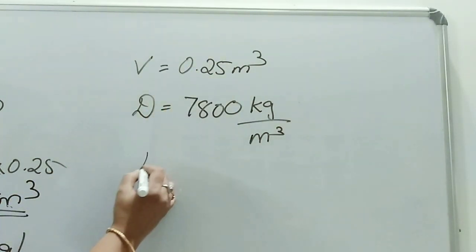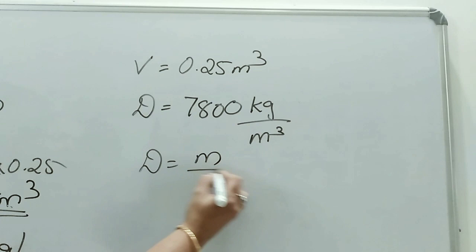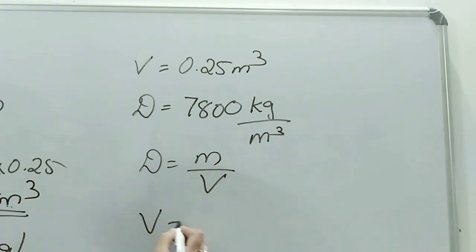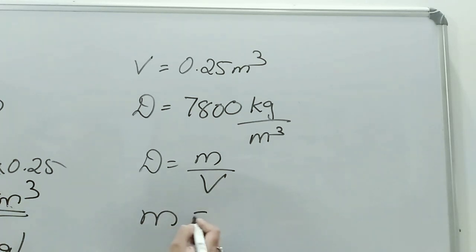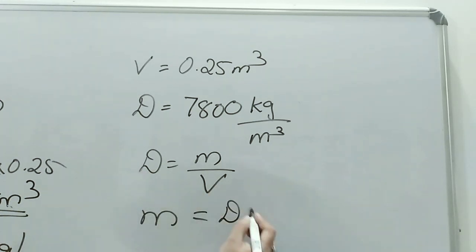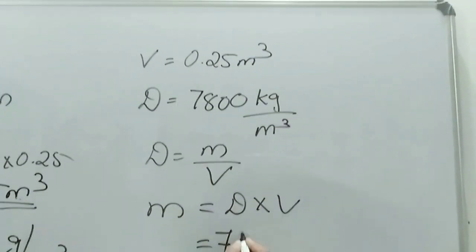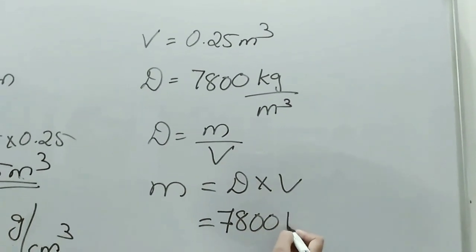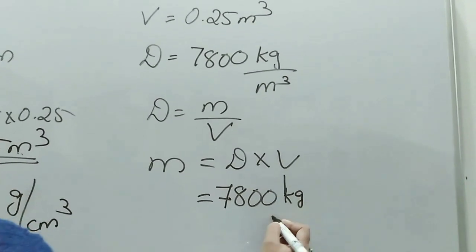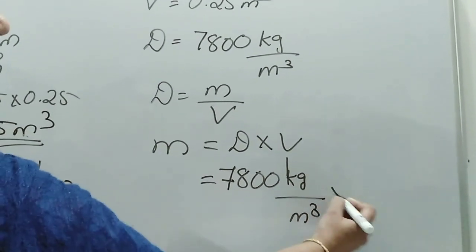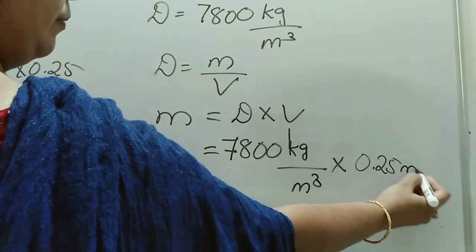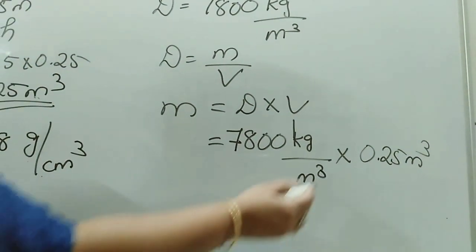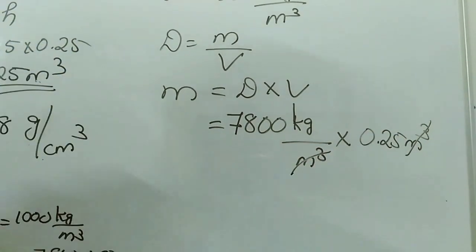Now we can substitute. Density is equal to mass by volume. We are asked to find the mass. Mass is equal to cross multiply density into volume. What is our density? 7800 kilogram per meter cube into volume is 0.25 meter cube. Now we can cancel meter cube, meter cube.